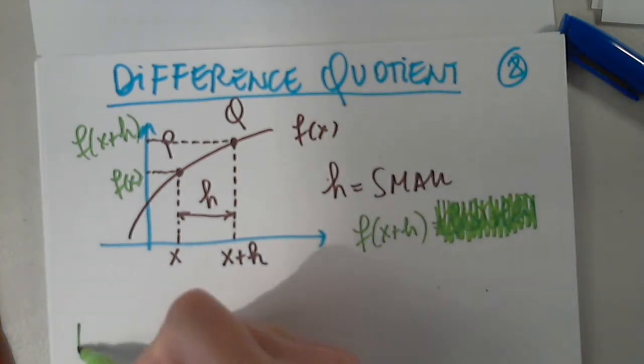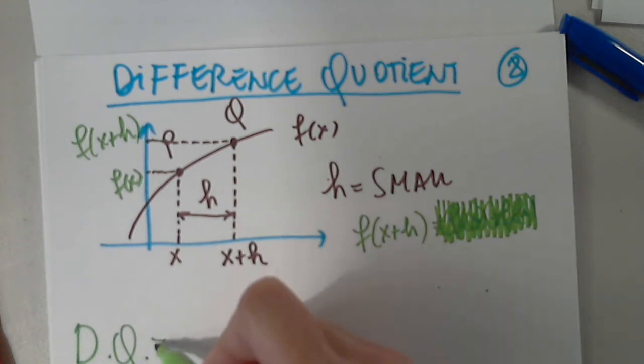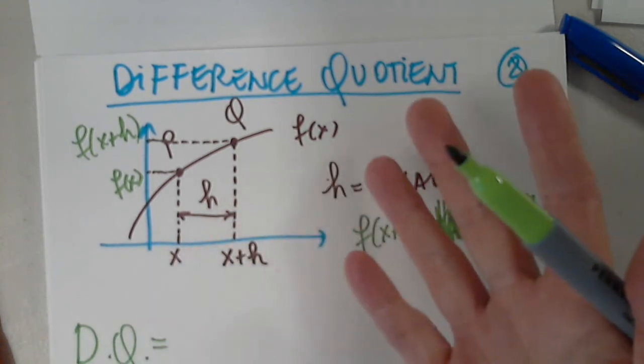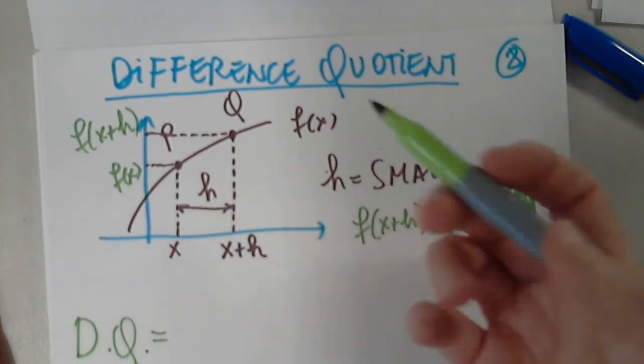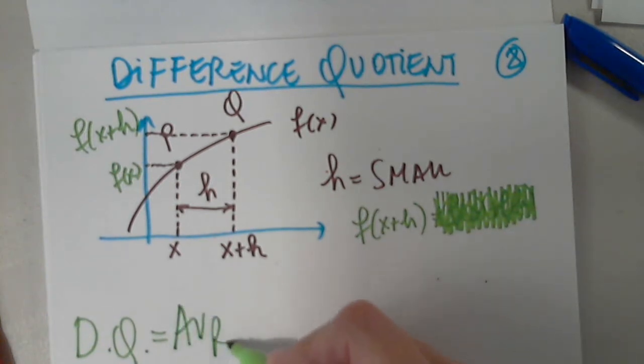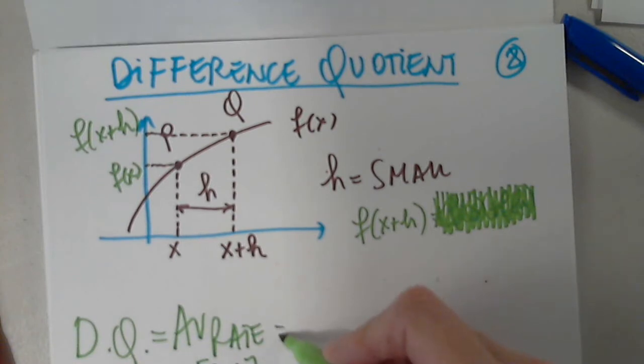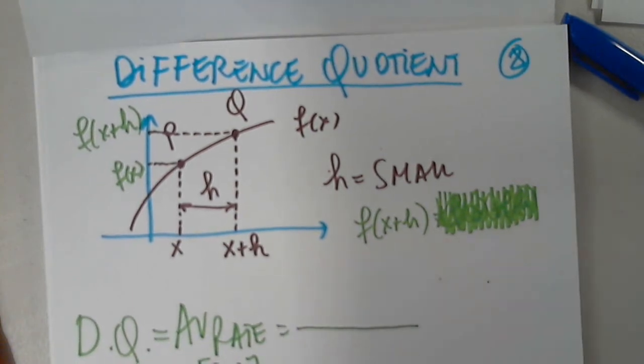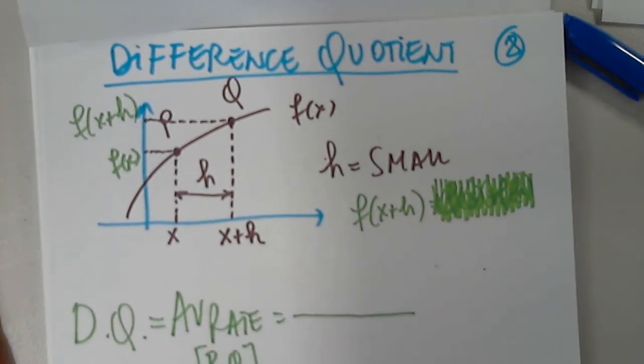It means the function value for this x value. Okay, the difference quotient is the average rate of change of this function between P and Q. Can anyone give us the difference quotient? And moving forward, we have to memorize it.